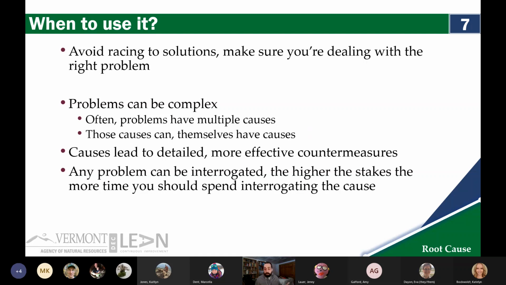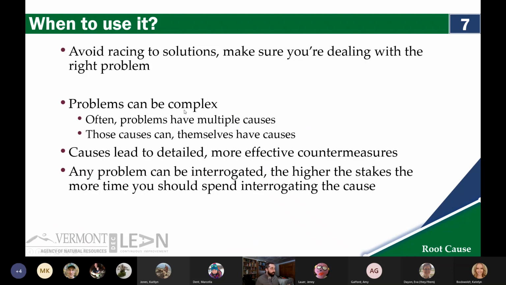So why would you do a fishbone diagram? Well, you'd want to use it whenever you want to use any root cause tool, when you want to dig deeper, when you want to make sure you're dealing with the right problem, but when you acknowledge the fact that your problem is complex and that it might not have a simple this-thing-causes-this nature to it, when there might be environmental causes, where there might be material causes, where people play a role, when you understand that there are multiple aspects to it.